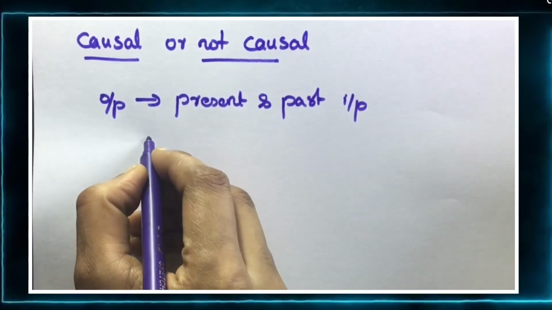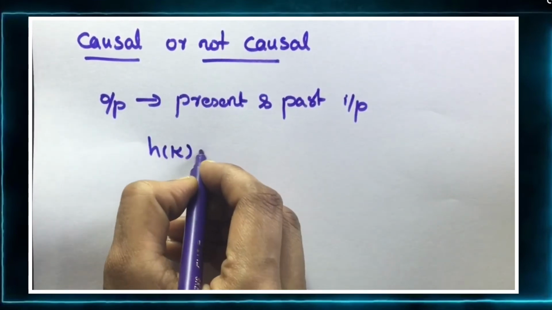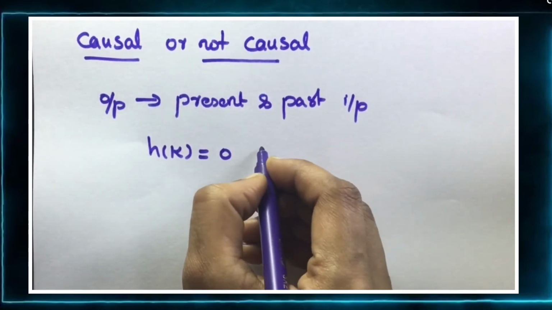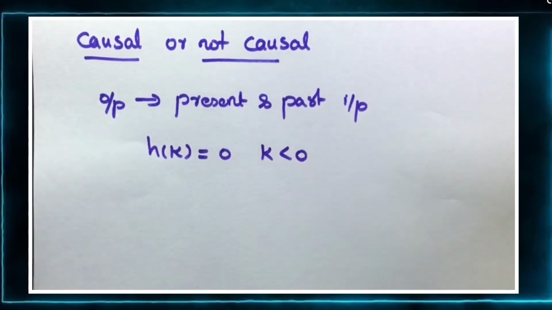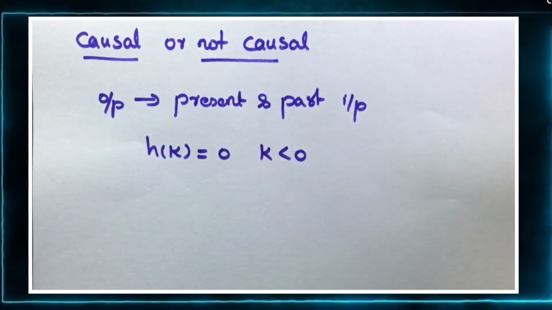Hence, its impulse response h of k should be 0 for k less than 0. Okay? So next we are going to plot the impulse response of our desired system, and based on that determine whether it is causal or not.